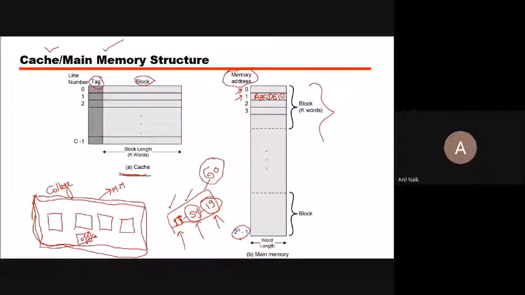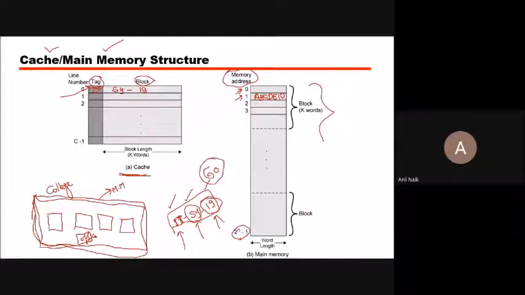So cache memory is a very small memory and we identify data with the tag. For example, here we require some data like IT department, second year, roll number 19.